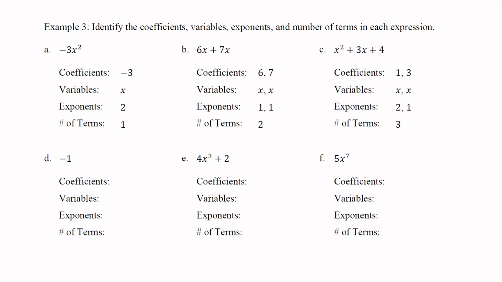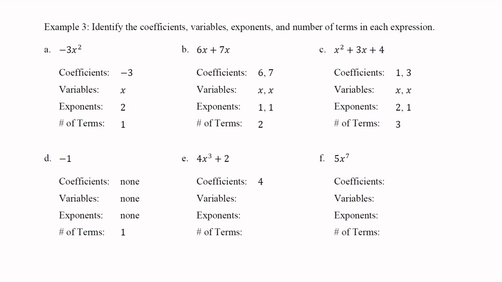In D, we have no coefficients, we have no variables, and we have no exponents. But we do have a term because a number in itself is a term. And our number of terms is 1, and that term is -1. In E, we have a coefficient of 4 in front of the x to the third, or we also call it x cubed.